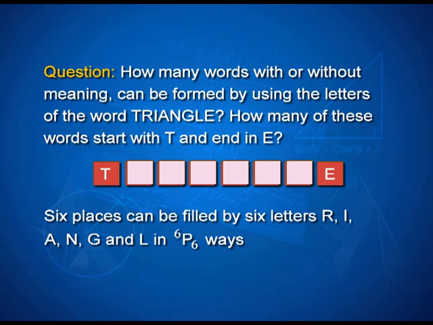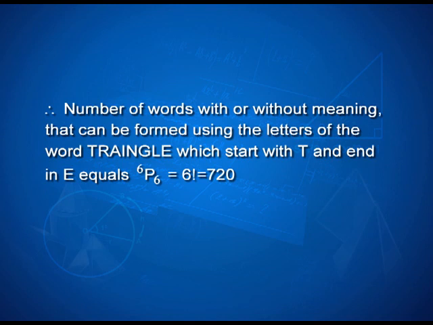The arrangement has to be made only for the 6 places between T and E, and that can be done by the 6 letters that are available in 6 factorial ways, because 6P6 is nothing but 6 factorial, which turns out to be 720. So, the total number of words with or without meaning that can be formed using the letters of the word triangle starting with T and ending in E is 6 factorial.